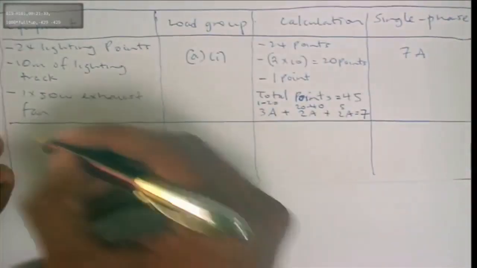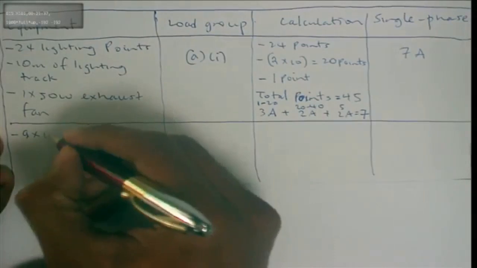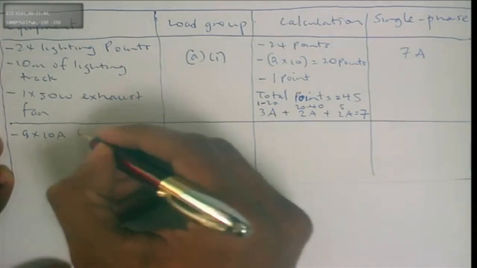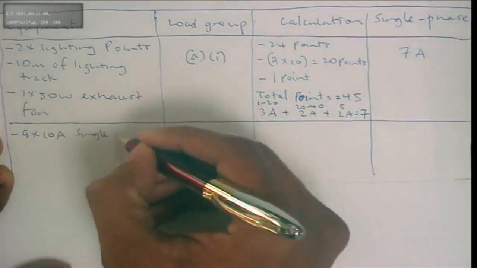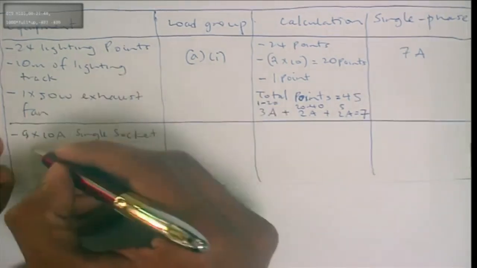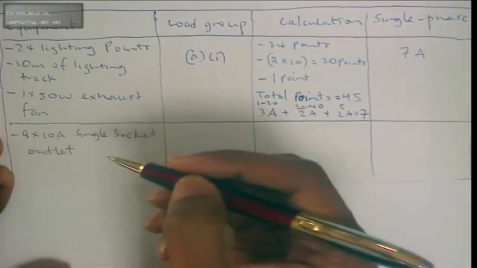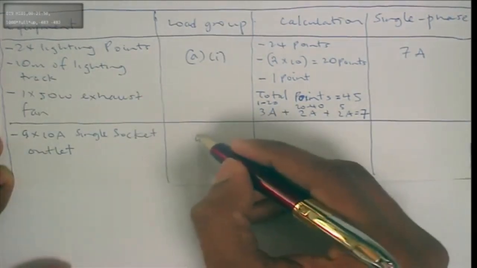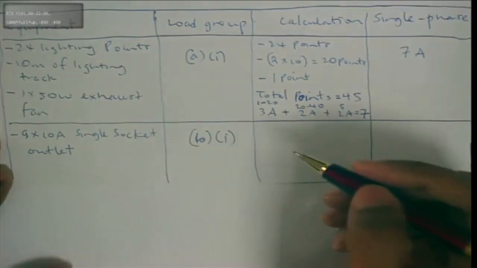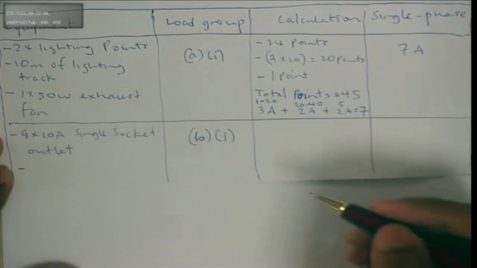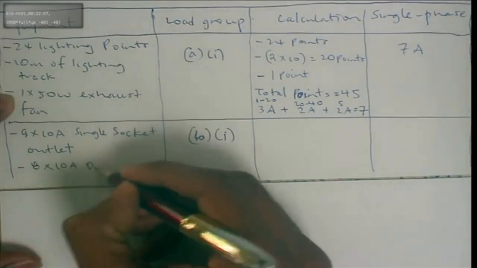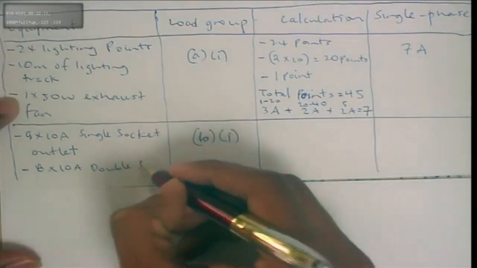For group B1 we have 9 by 10 amp single socket outlet, again we have 8 by 10 amp double socket outlet.